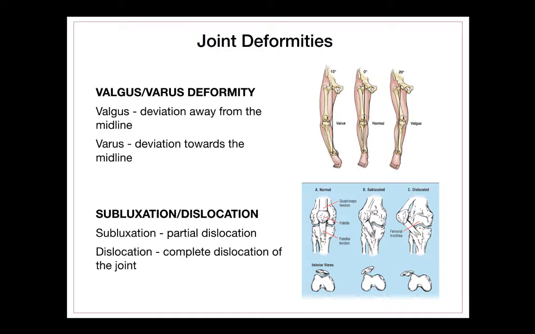Is valgus towards the midline? Away. The degrees are a little bit confusing in the picture. But then what does the midline mean? See in the middle picture, that's 0 degrees. That's where the midline is measured.